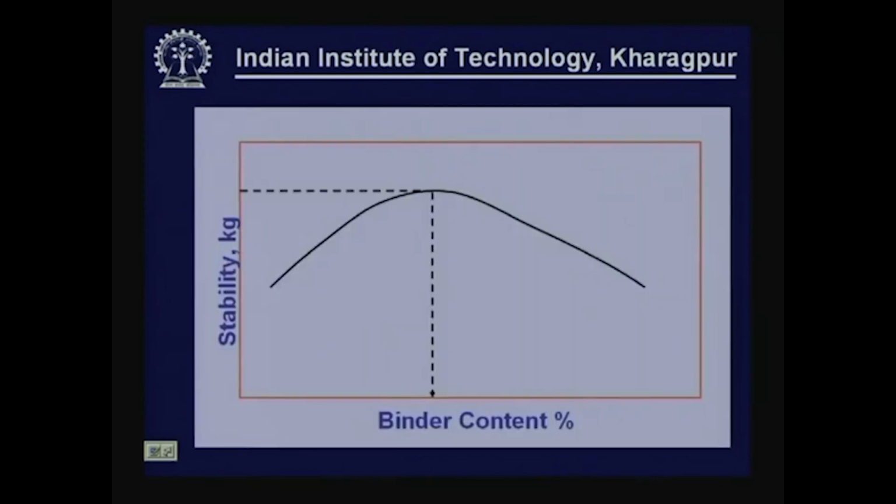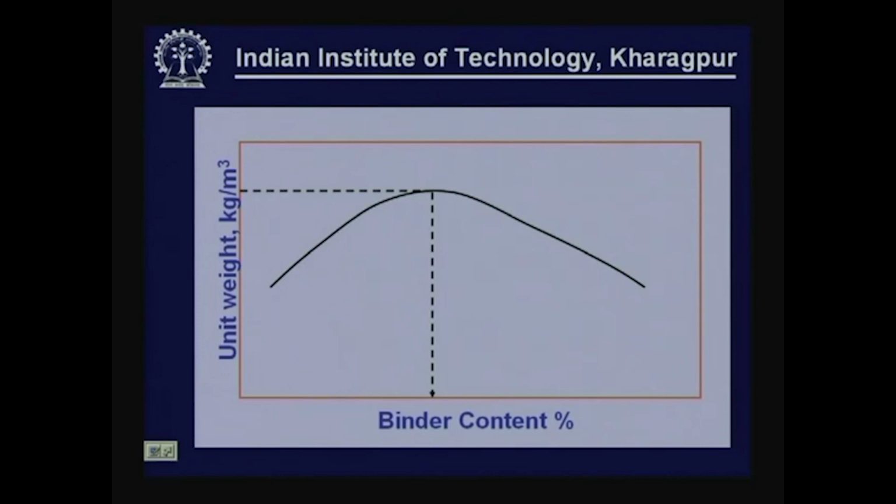Typically, this is the trend that we expect to get in terms of stability as binder content varies. It is normally expected to initially increase, reach a peak, and then start decreasing afterwards. Unit weight also is expected to display a similar trend. It will start increasing initially because of the increased density made possible by reorientation of the particles, which are lubricated by the binder.